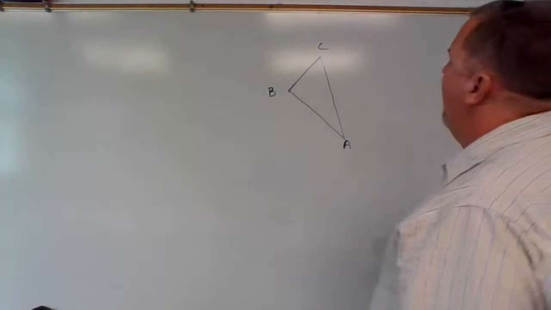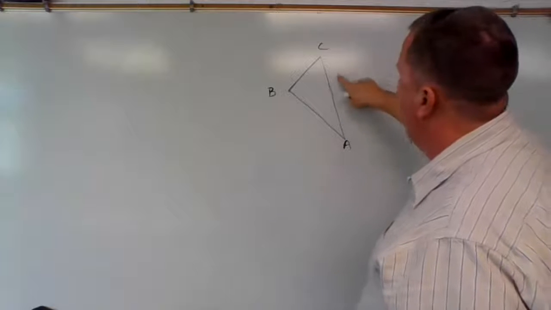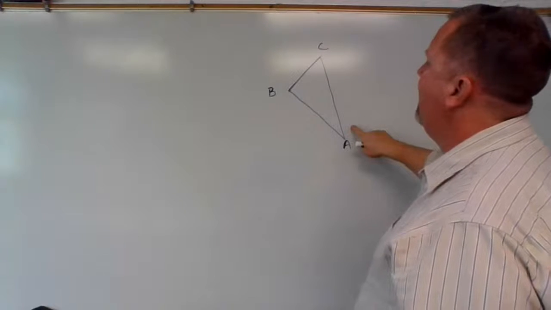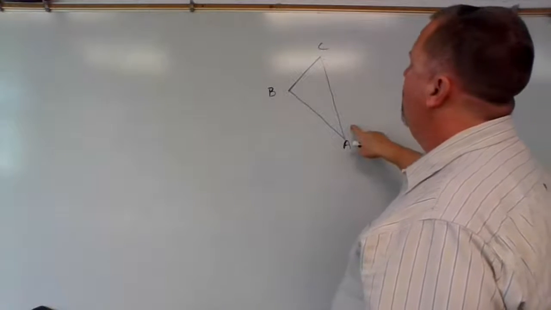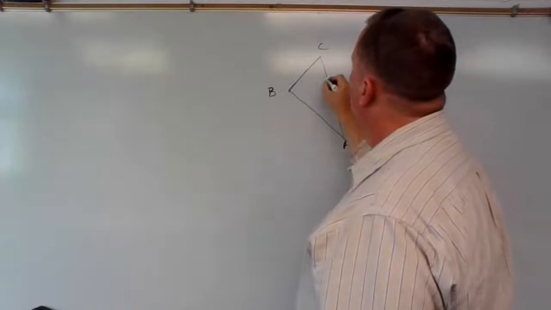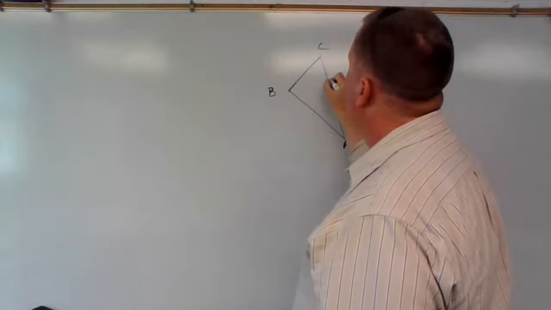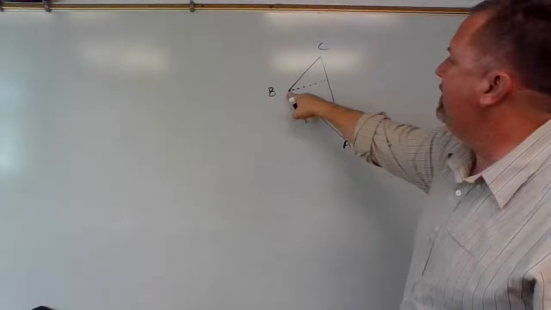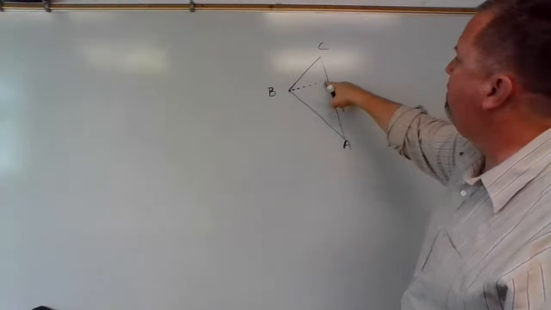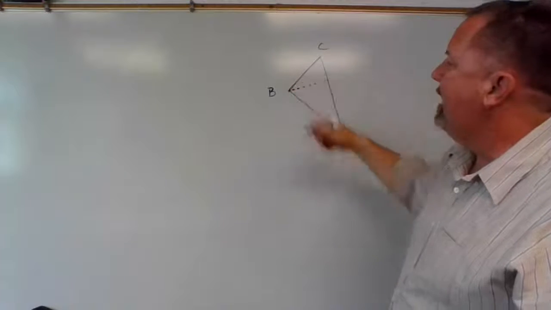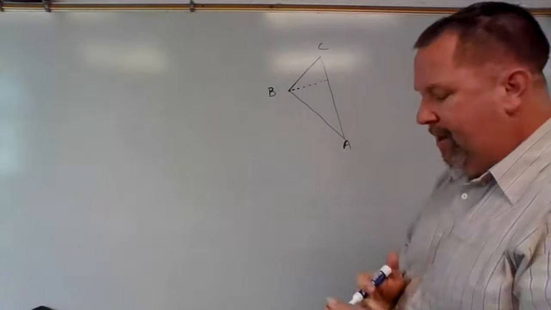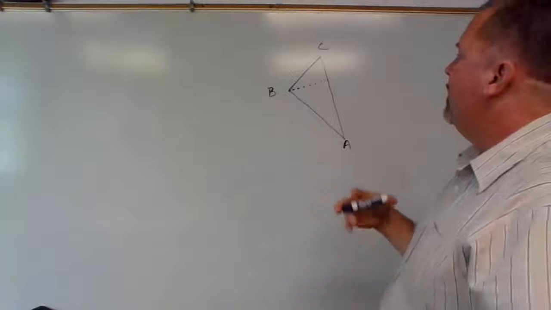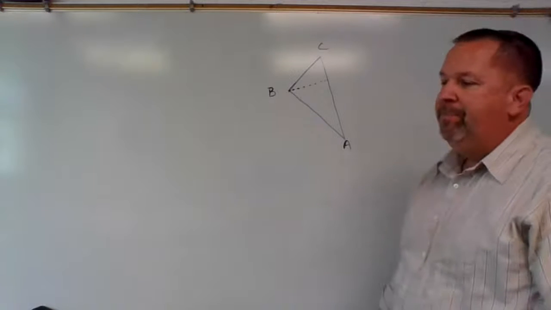Okay. I could pick this side AC as my base, but then when I say height, what I mean by height is the distance to the opposite side, drawing something that's perpendicular. And so it becomes a little tricky figuring out what the height is.